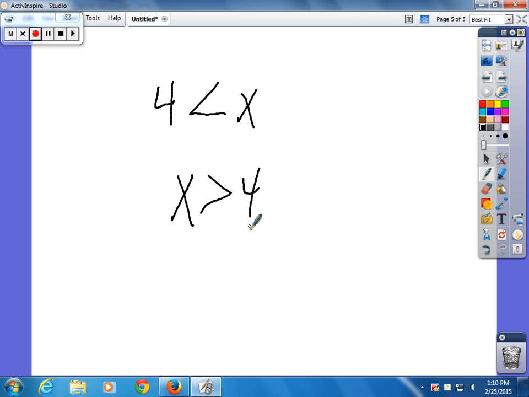Well, that's the same thing. So do not say greater than or less than unless you have something on each side of it. Because you don't know which one it is. You don't know which one it is.